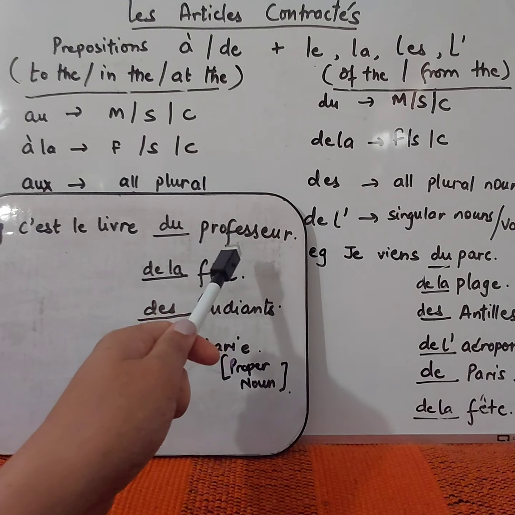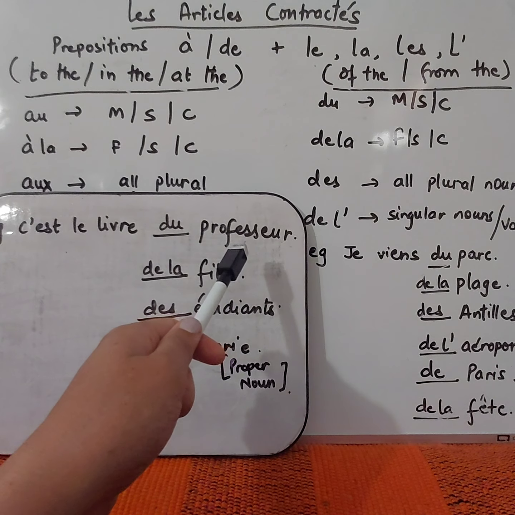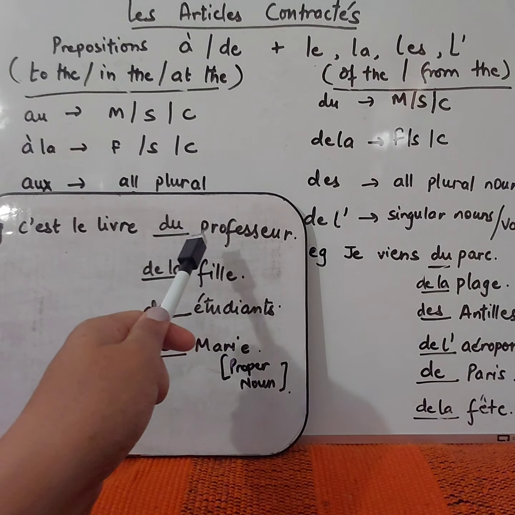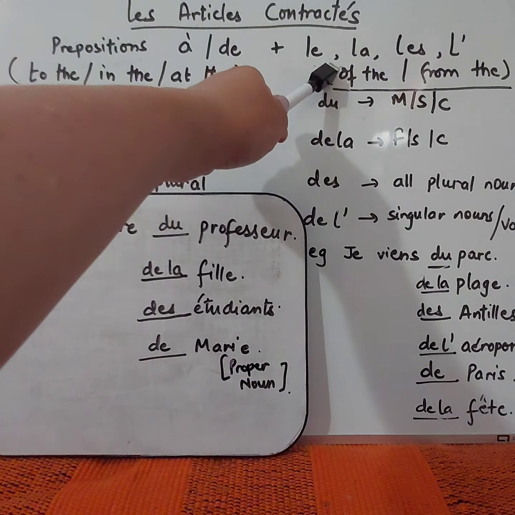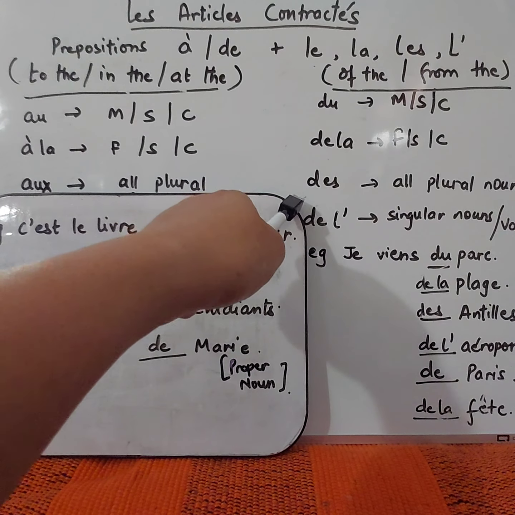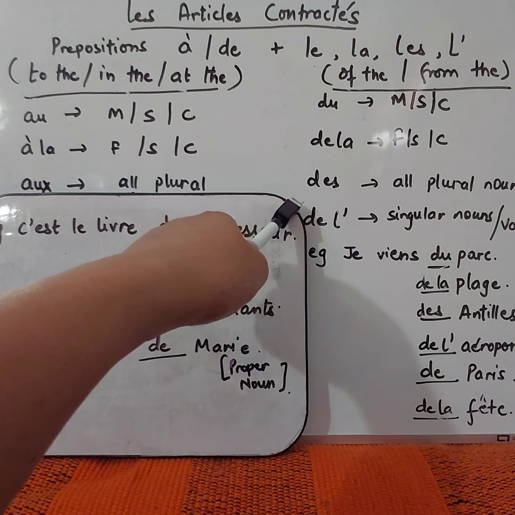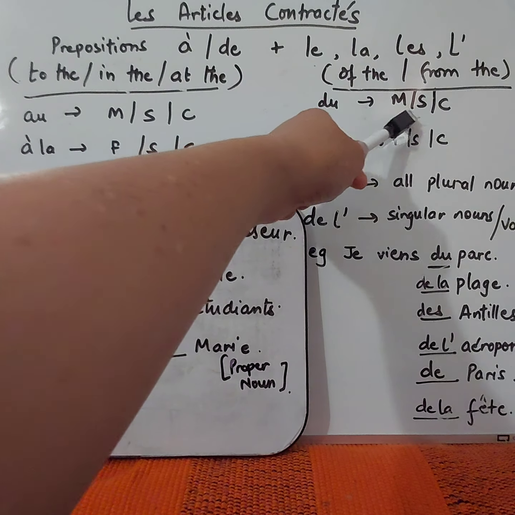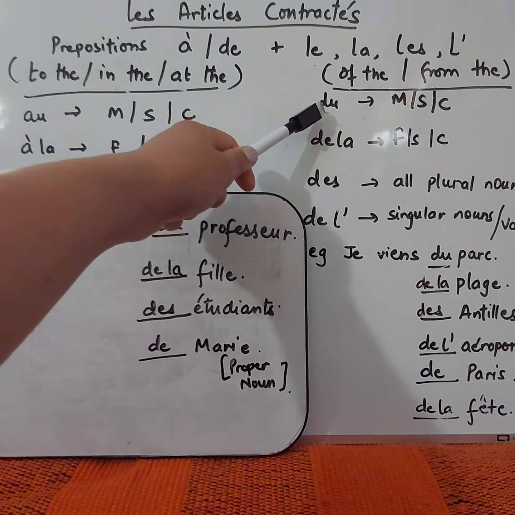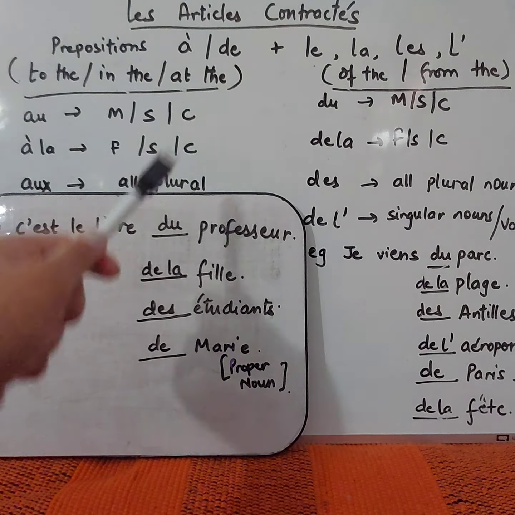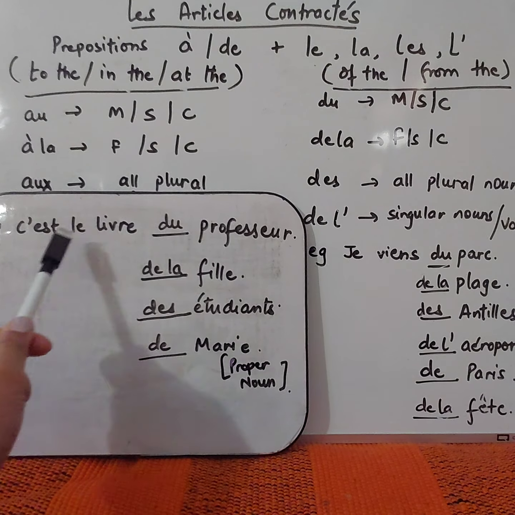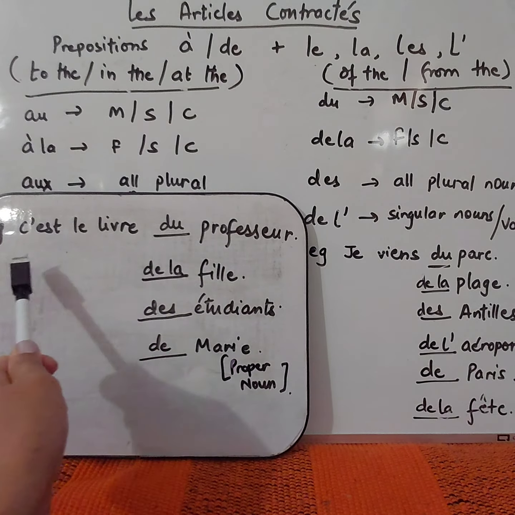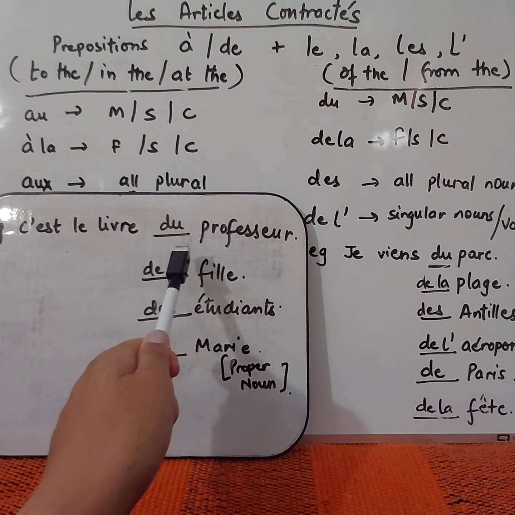Now because professor is a masculine singular noun, it is beginning with the consonant P. So that is why for writing "of the", I will take the contracted article from this category, right, first of all. And then, because professor is a masculine singular noun beginning with a consonant, I will take du before it. So I put du here. It is c'est le livre du professeur. That means this is the book of the teacher.